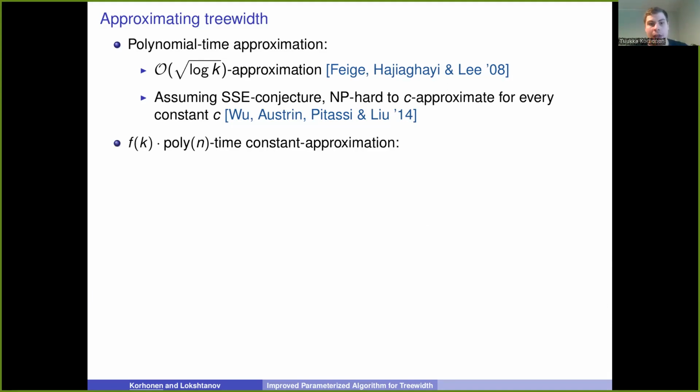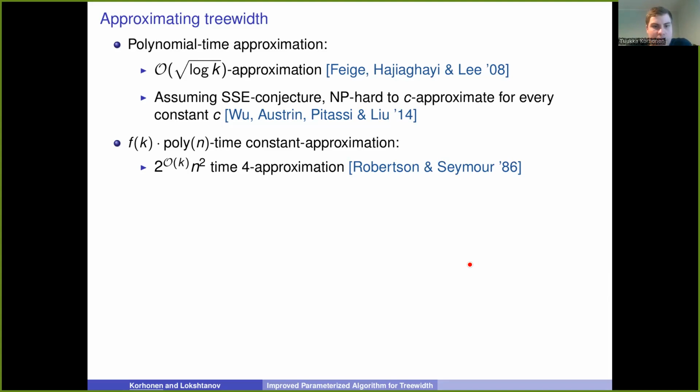But if you look for FPT approximation, then of course we can get constant approximation, because we can even get an exact algorithm, but we can get constant approximation faster than exact algorithms. Already in Graph Minors, Robertson and Seymour gave a 4-approximation in time 2 to the O of k times n squared. Remember, our new exact result was 2 to the O of k squared, and the old one was 2 to the O of k cubed.